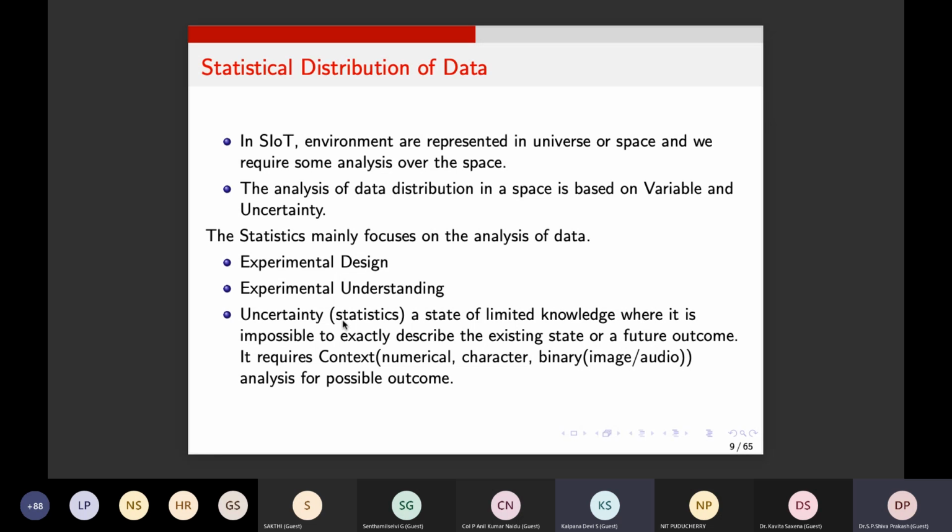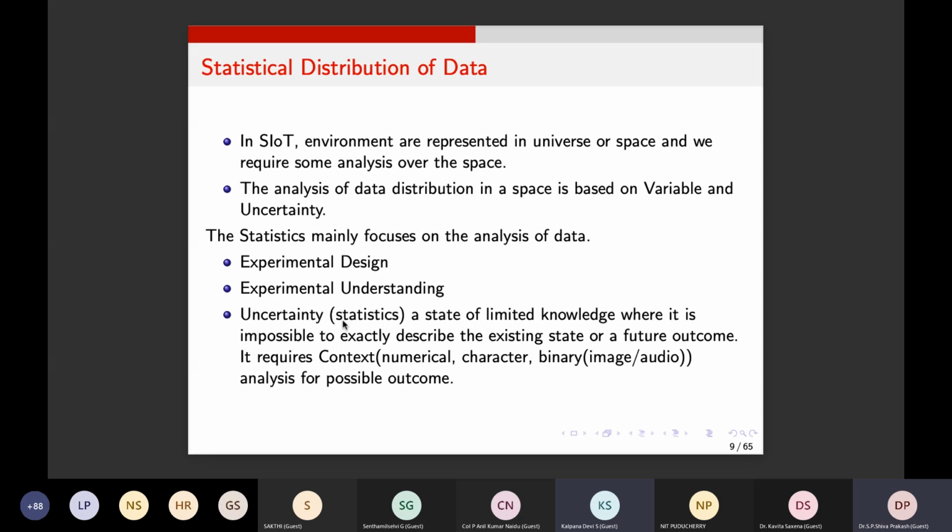So it requires a context, like what type of data has been generated, whether it is numerical, character, or multimedia like binary, image, or audio, to get the desired possible outcomes. That's the reason we use statistical analysis.